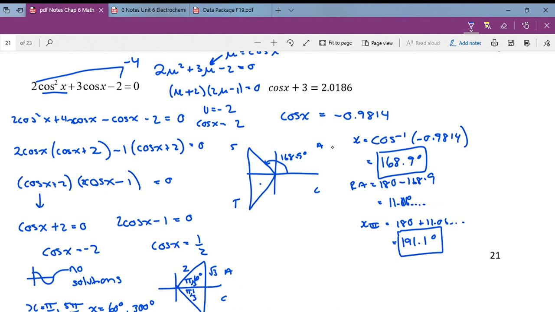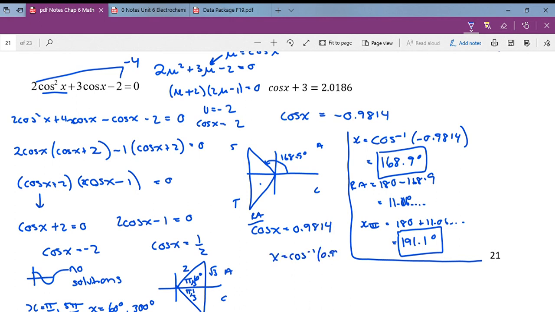Alternatively, if you didn't want to do it like this, what I want to show you is that when I'm using my calculator, I always find my reference angle by plugging in the positive ratio. In other words, if I take the inverse cos of positive 0.9814, it's going to give me that 11.06.